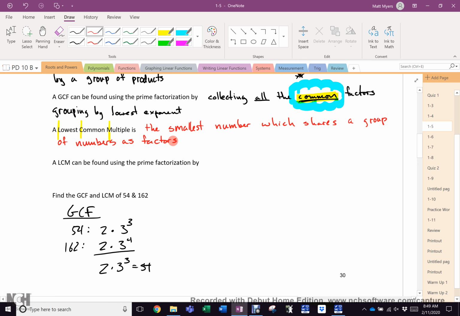So, a multiple is getting bigger from where we started, right? Because factors are the parts that make up multiples. So if the biggest factor you can have is the smaller number in your group, what is the smallest multiple you can have?